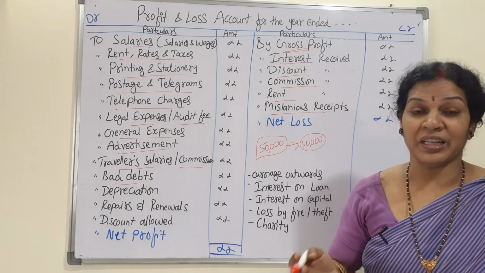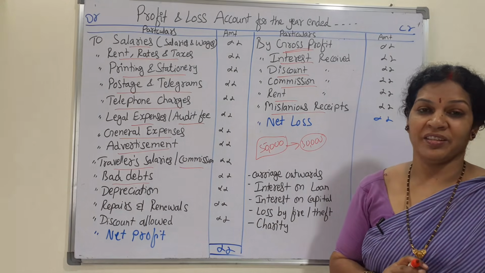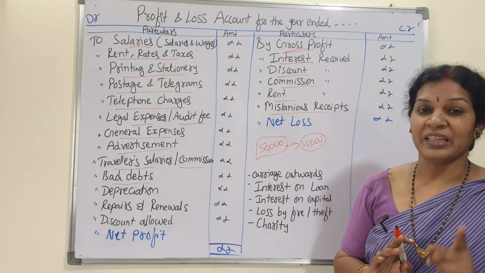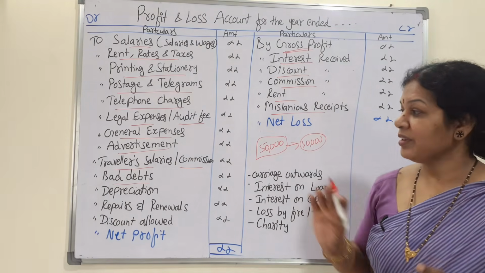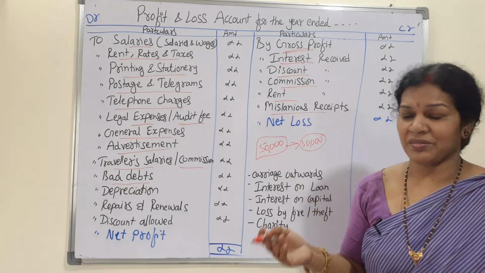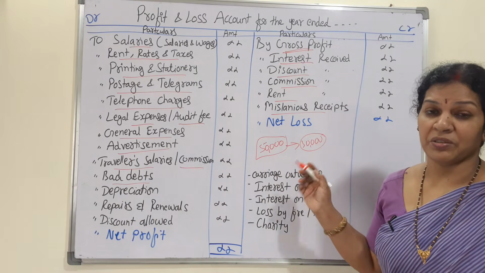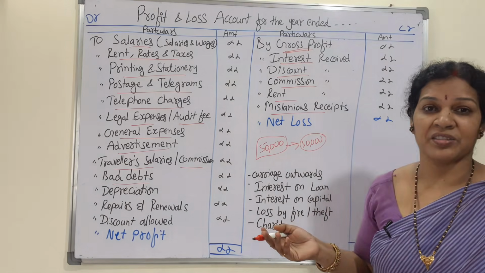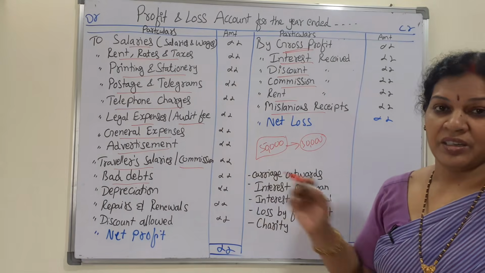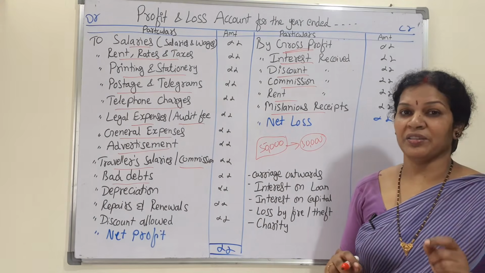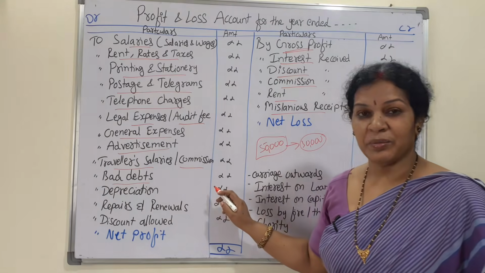Not going to get. That is bad debts. Whatever I am not going to get is called bad debts. Bad debts means it's a loss. Out of 50,000 when I have sold, 30,000 only I am receiving. 20,000 I am not going to get. That's a loss. Loss will be on the debit side of profit and loss account. You know that. So bad debts is written on the debit side.